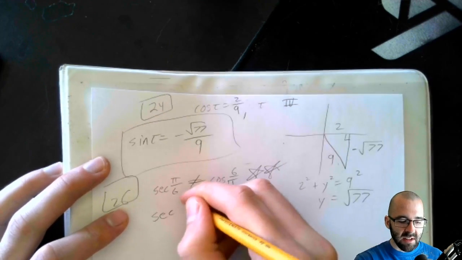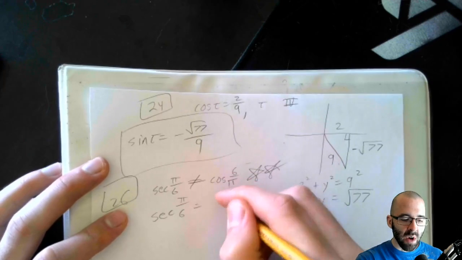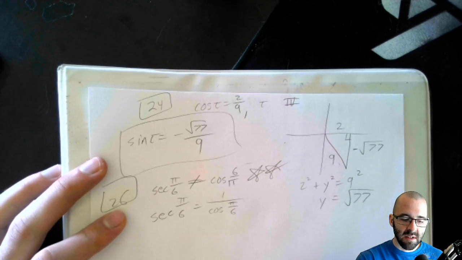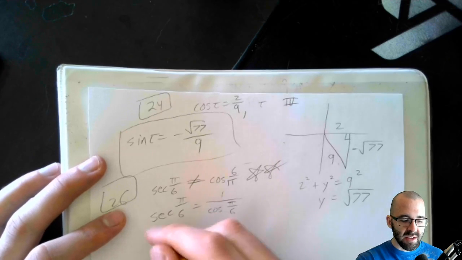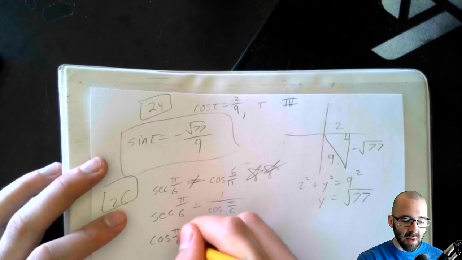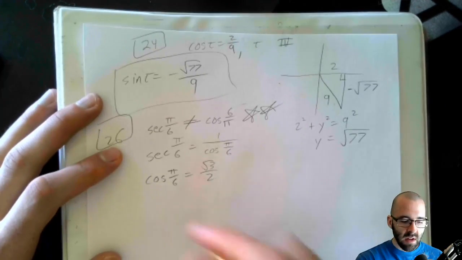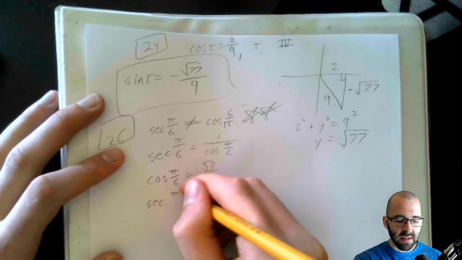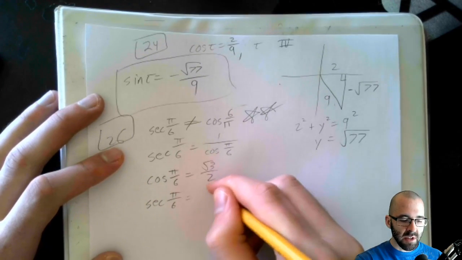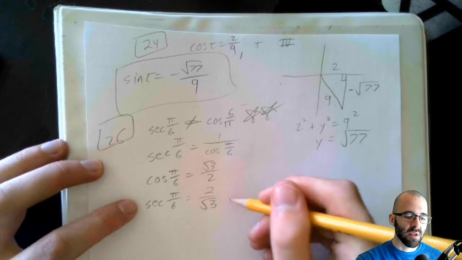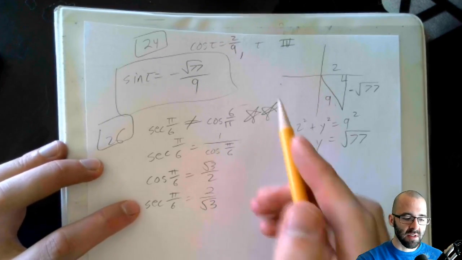If you're using your calculator, secant of pi over 6 is 1 divided by cosine of pi over 6. Or another way to see it is cosine of pi over 6 is root 3 over 2. So secant of pi over 6 is equal to 2 divided by root 3. All right, so watch out for these reciprocal functions.